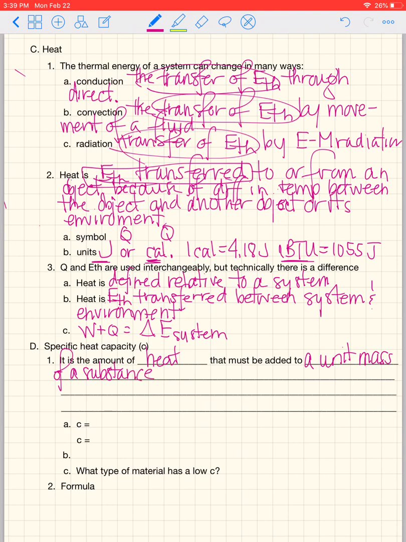Notice I've said unit mass. I haven't said gram, I haven't said kilogram. I've just said a unit of mass of a substance to raise its temperature by 1 degree Celsius.